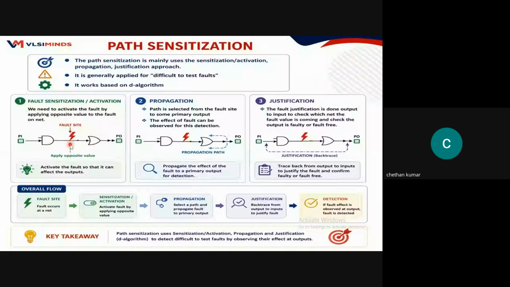Path sensitization, as I mentioned, is mainly based on the particular fault to be detected.